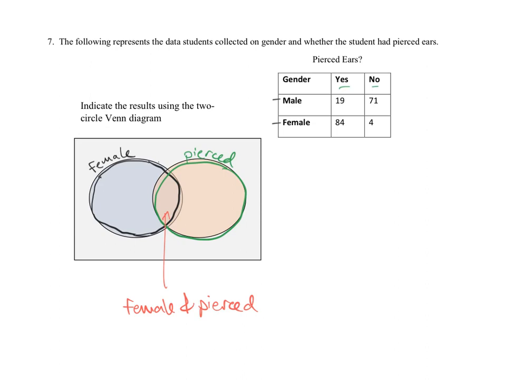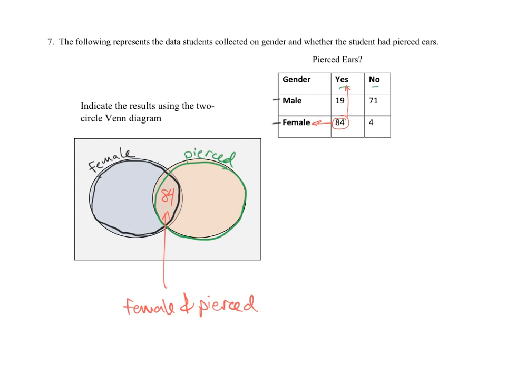So now we can start placing these numbers. Well, we know 84 females have their ears pierced, and I can tell because if I follow this number back to the left, this tells me 84 females, and yes, their ears are pierced. So we have 84 that have both.